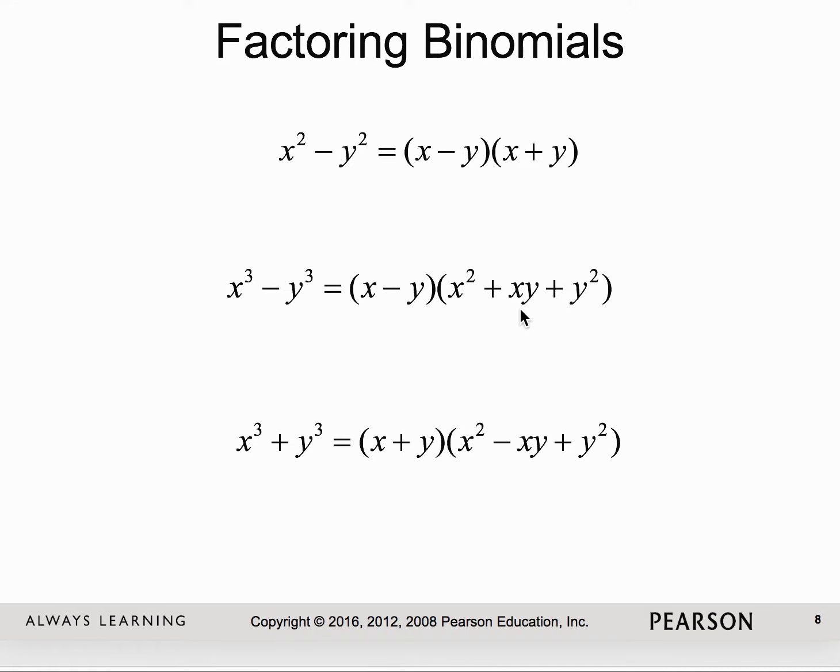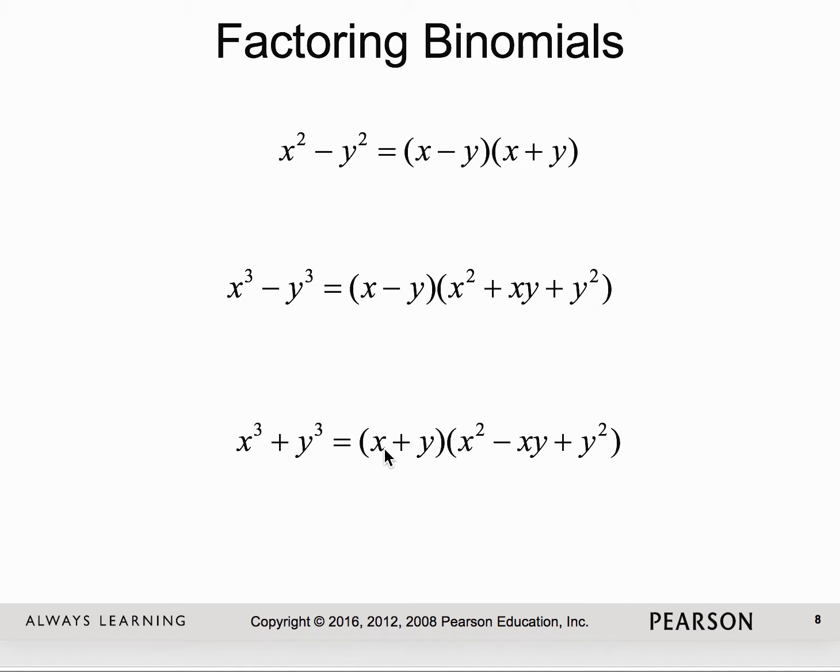Now, this is the only time we wind up with not a binomial. And so maybe the 3 will help us remember, oh, one of them is going to have 3 terms. To get this second factor, once I do my cube roots, I square this one, so that would be an x squared. I multiply the 2 things together, and square that one.